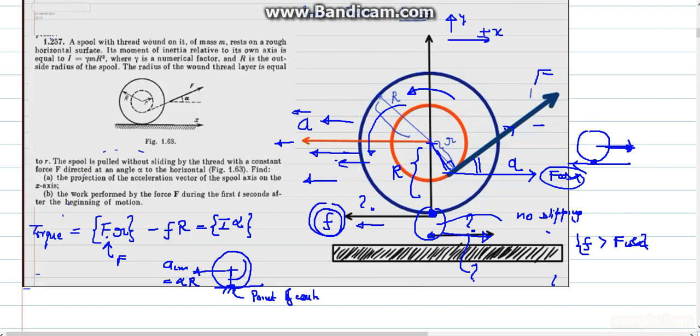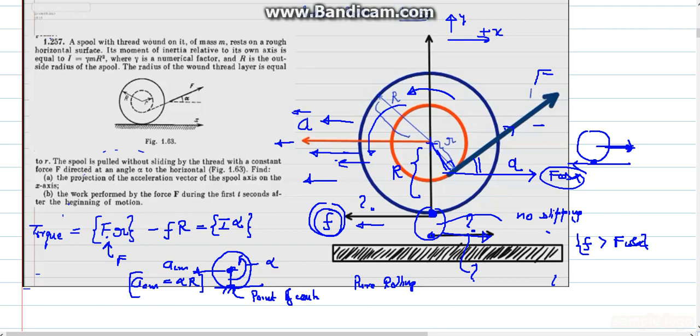And angular acceleration is alpha, like this. For center of mass acceleration, it will always be alpha times R, only when there is pure rolling.